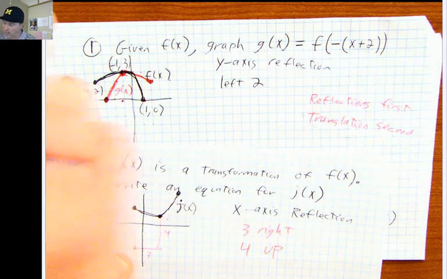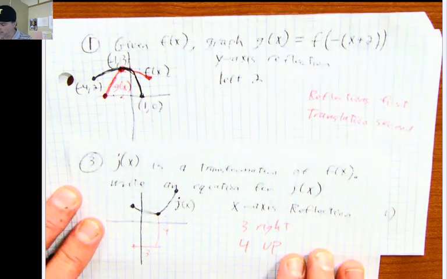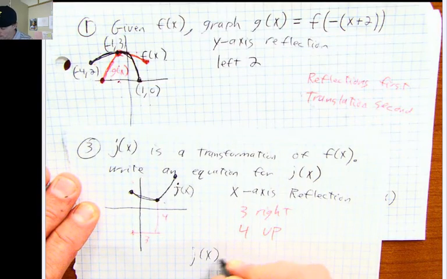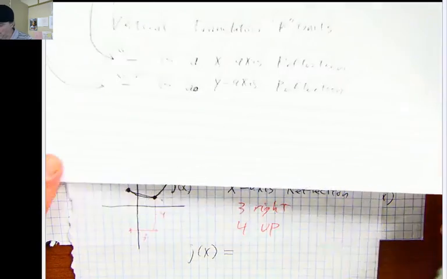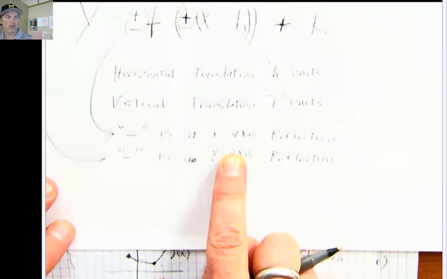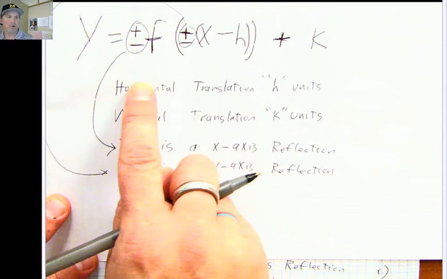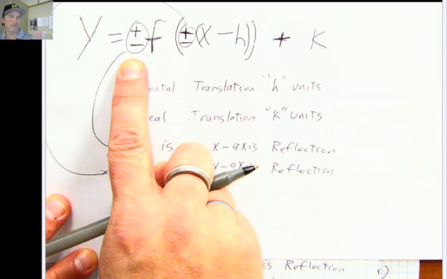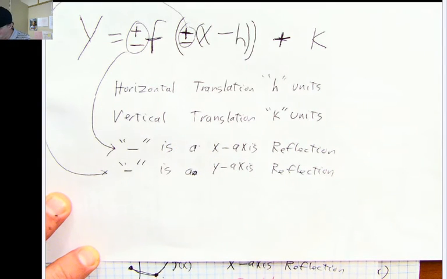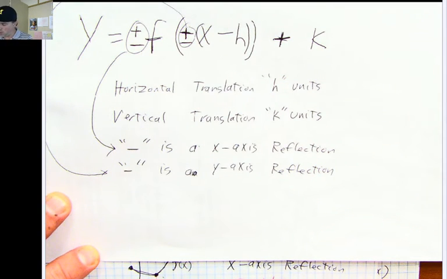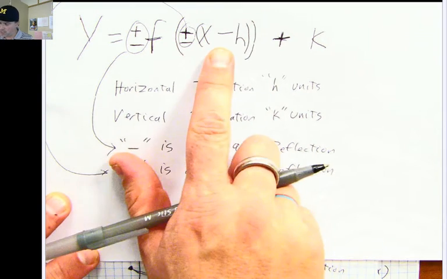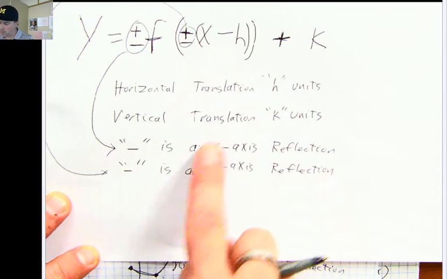And now we just want to put that into our j of x equation. So j of x is equal to, well, according to that guide, an x-axis reflection is putting a positive or negative in front. For the reflection, it would need to be the negative. So it's going to be negative f of, and then if you're traveling to the right, that means that you would go with an x minus 3, just like it says here, minus h is a distance of h.